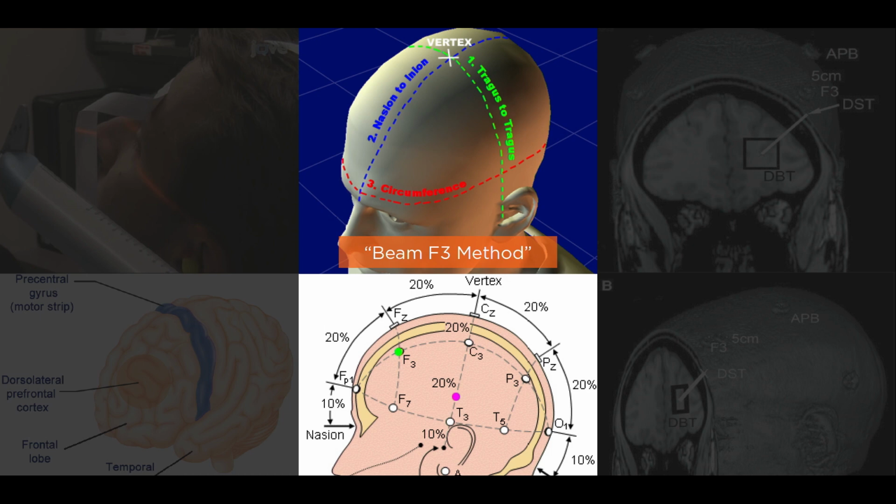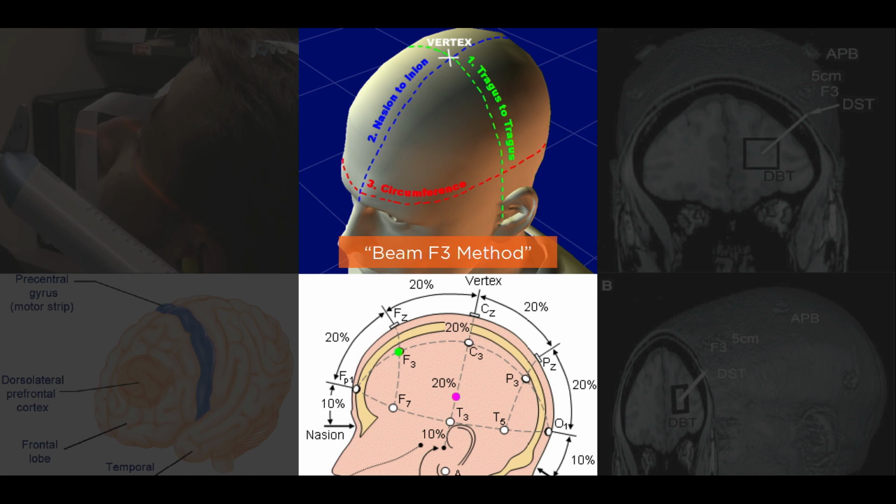And this has to do with some mathematical calculation or placement of an EEG 10-20 grid on the subject's head and locating where the F3 EEG electrode site is, and that marks where you might call left dorsolateral prefrontal cortex.